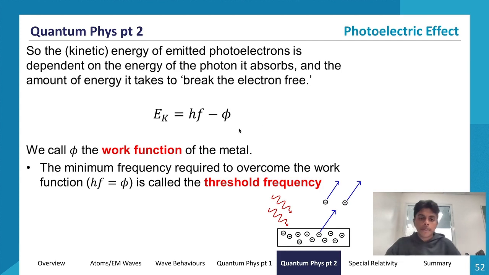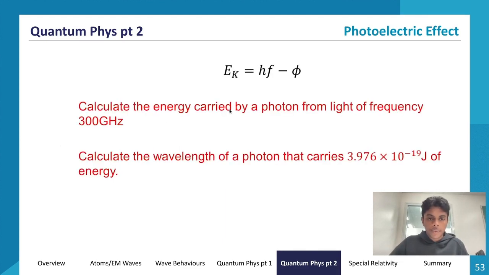It's very simple. f will be the x-axis, so h will be the gradient. If the question is asking for Planck's constant, make sure you graph the line properly, because the gradient will be Planck's constant, and the y-intercept of that line will be the work function of the metal, and each metal has its own separate work function. That's also something to remember.